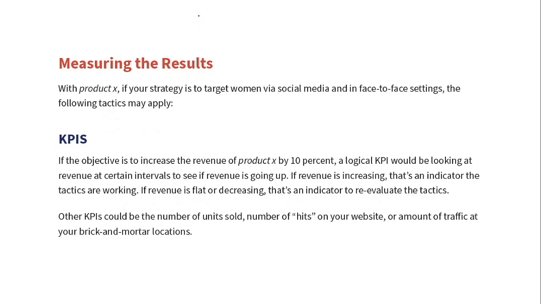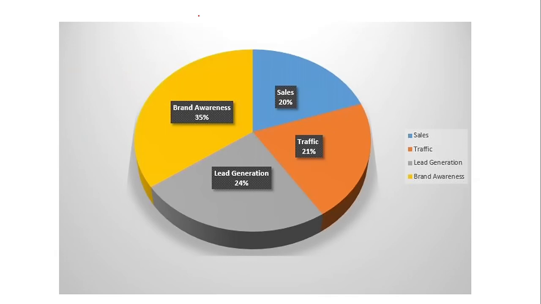Other KPIs could be the number of units sold, the number of hits, traffic amount, and of course all those considerations that you have so far mentioned. Maybe you could also base your argument on how these particular factors are increasing or decreasing.